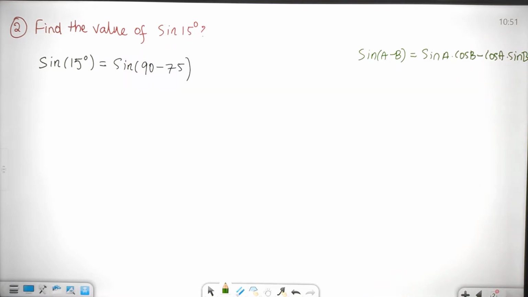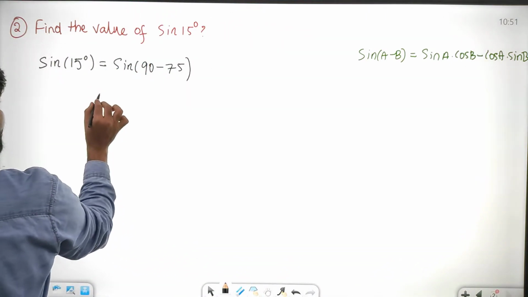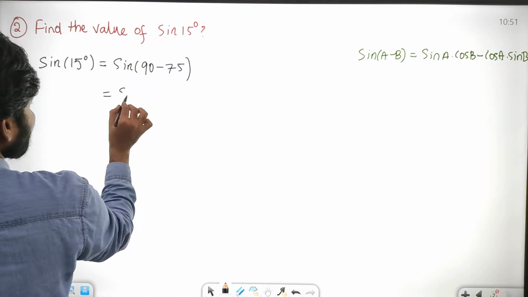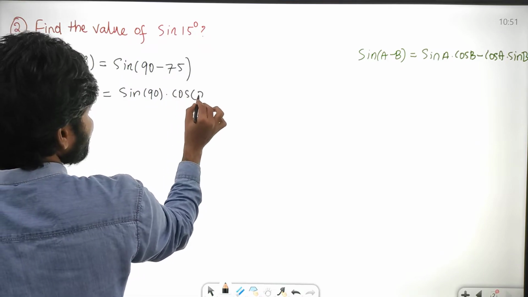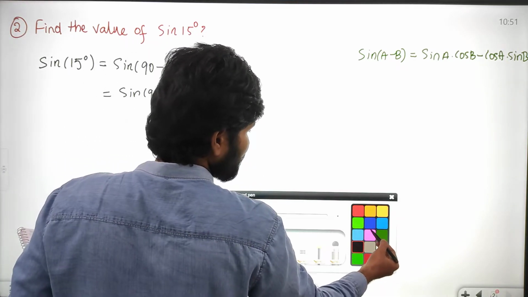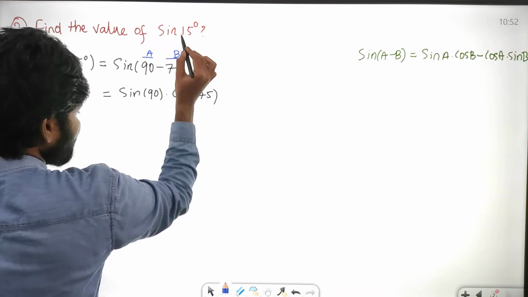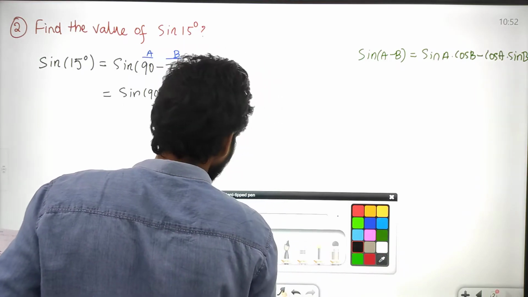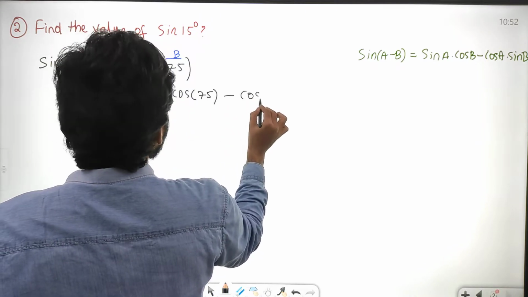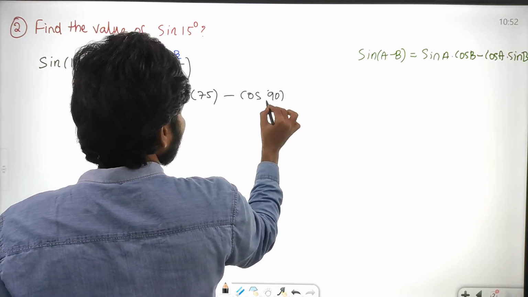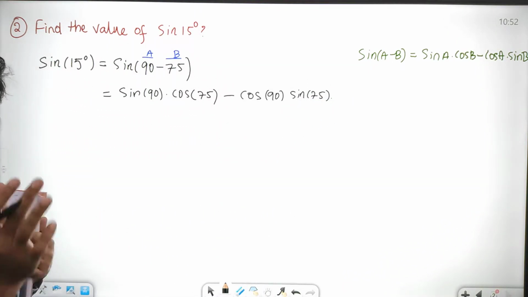Sin A cos B minus cos A sin B. See here, write it in the form of that equation. Take this as A and this as B, right? Sin A cos B minus cos A sin B. Okay, up to here is okay.